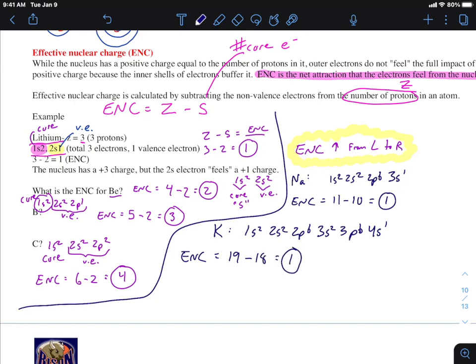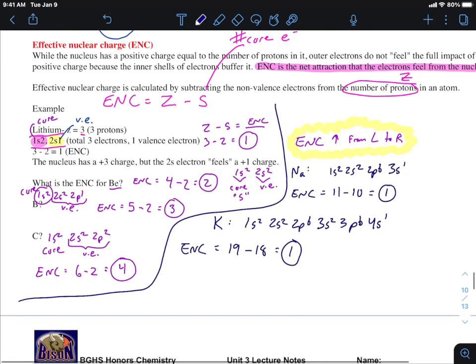All right, I think this makes sense. If they are in the same column, they have the same effective nuclear charge. Same family equals same ENC.